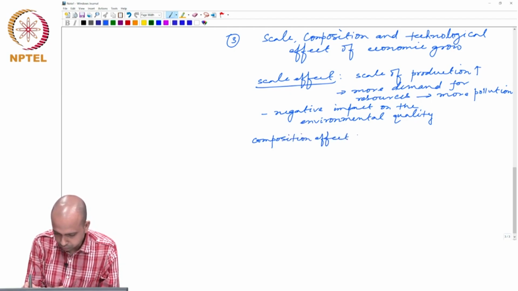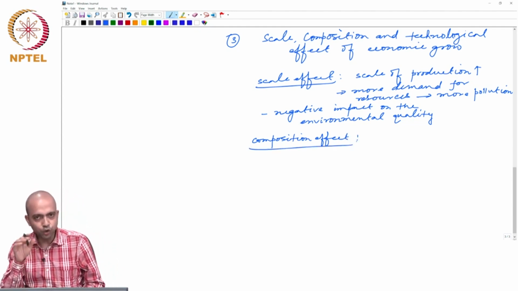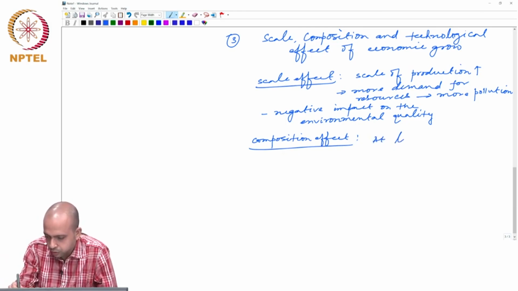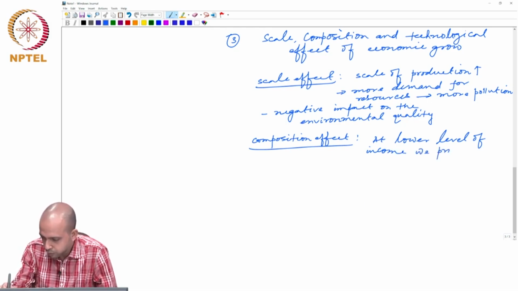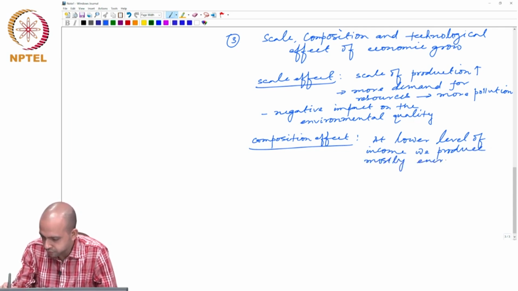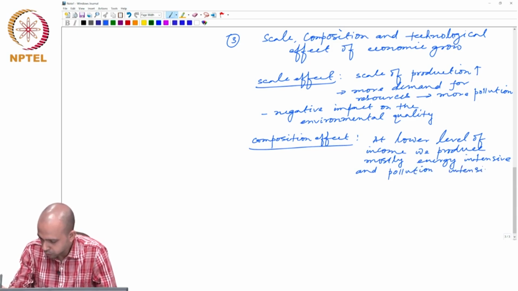What is composition effect? Composition effect says that at lower level of income, we mostly produce energy intensive and pollution intensive products.